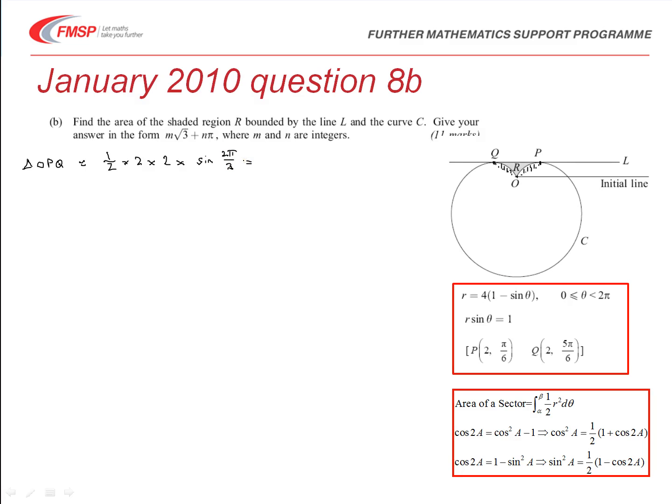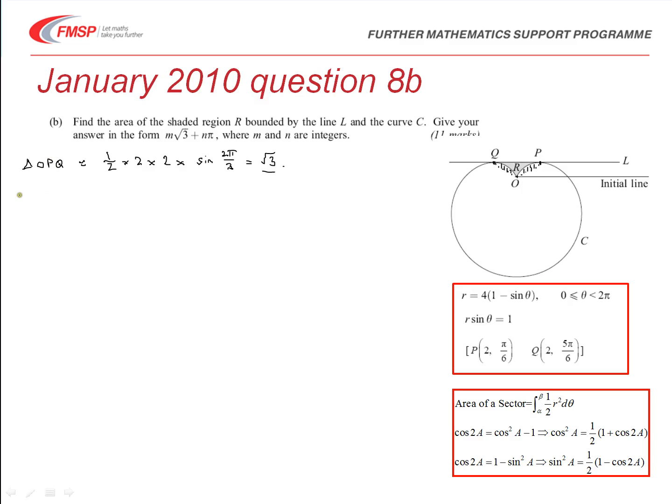And the sine of 2 pi over 3 is root 3 over 2, and so a half times 2 times 2 times root 3 over 2 leaves you with an area of root 3 for OPQ.